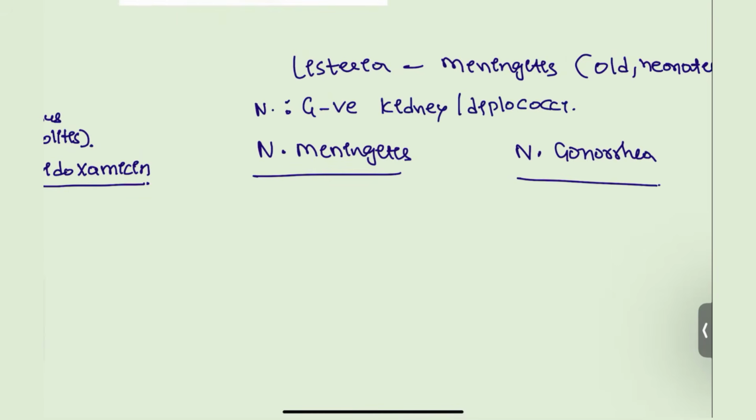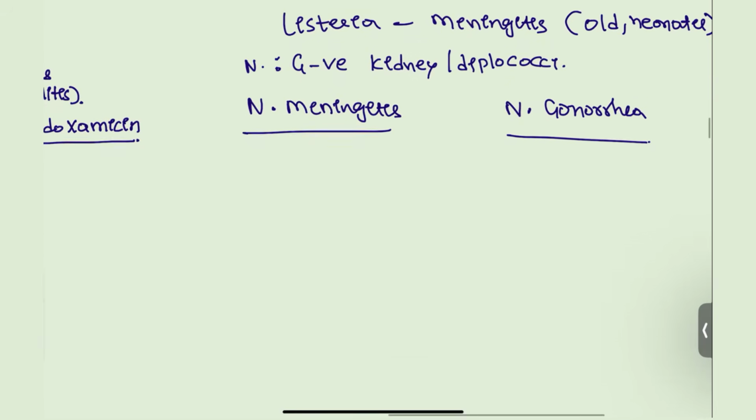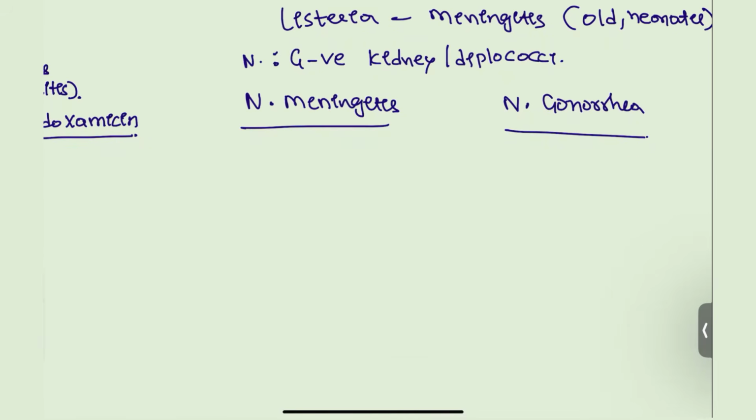This is going to be seen in Neisseria species as their morphology. But when it comes to the difference between Neisseria gonorrhoeae and meningitidis, Neisseria meningitidis has the capsule. Okay, so the capsule is present for Neisseria meningitidis, and Neisseria gonorrhoeae does not have any type of capsule.